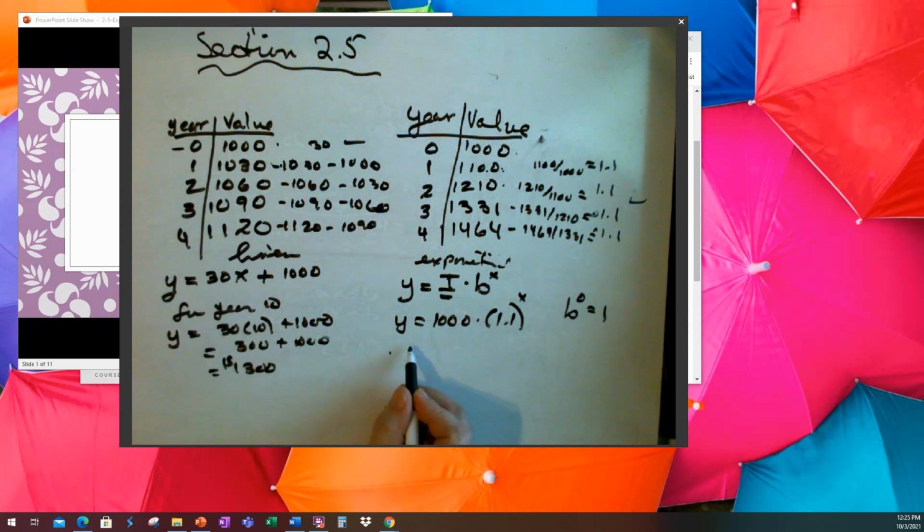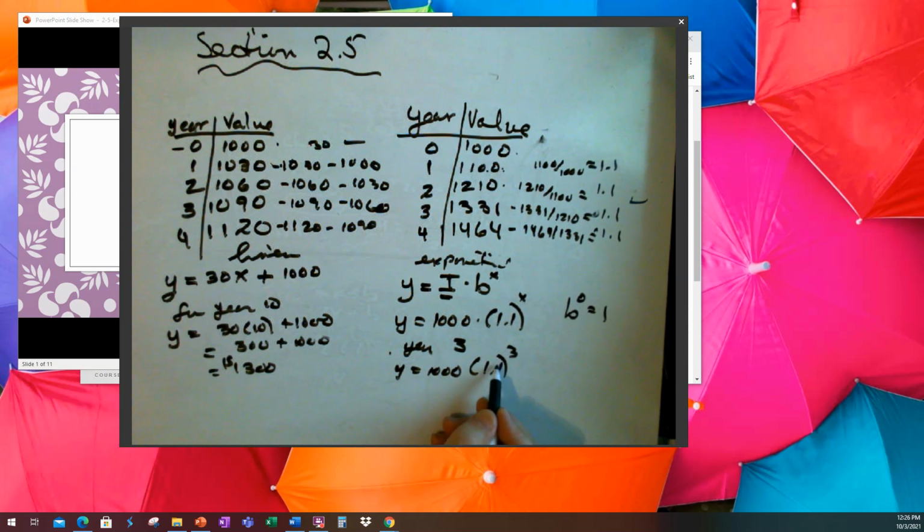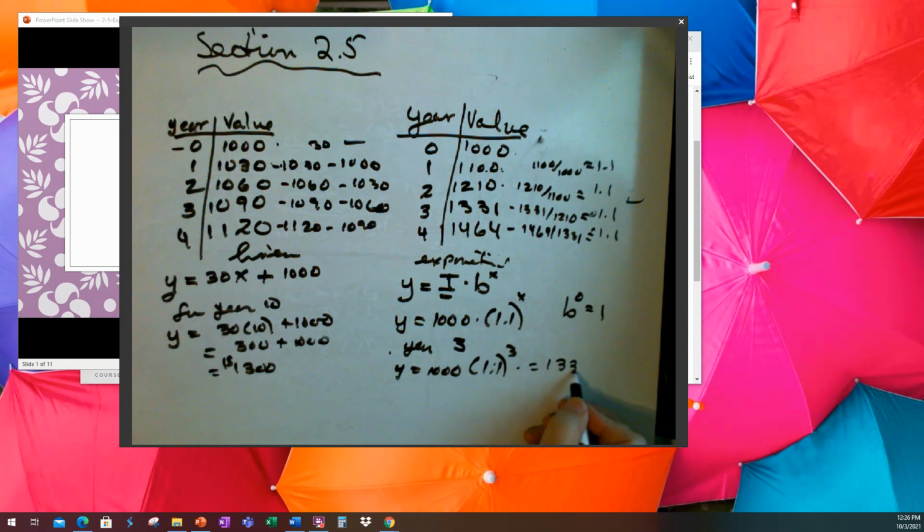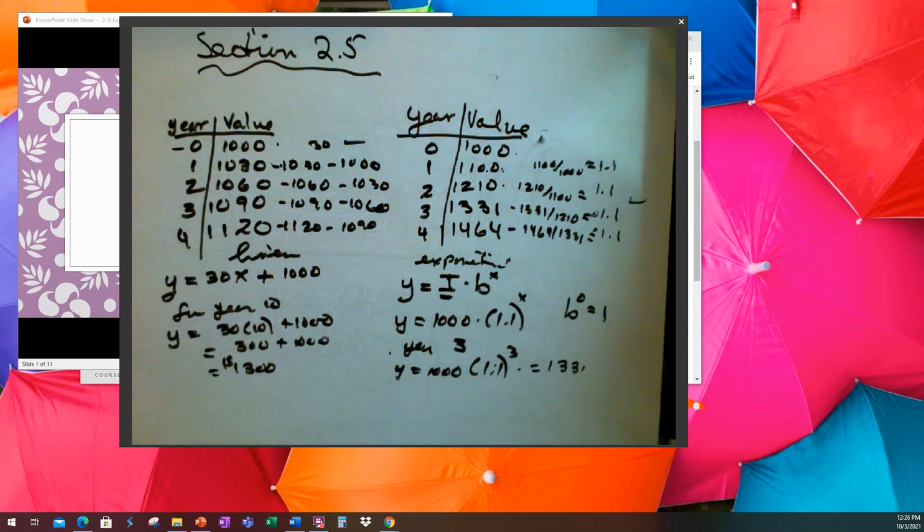Then let's go to year 3 and see if this works. y is equal to 1,000 times 1.1 cubed, which is 1.1 times 1.1 times 1.1. I find my exponent key and put in a 3, and I get 1331 as expected.